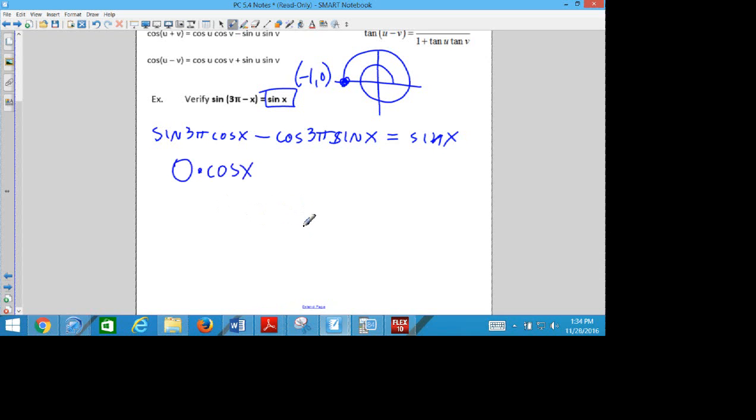Cosine x, I cannot do because I don't know what x is. Minus. Now I do the cosine at 3 pi, so same place. What's the cosine there? Negative 1 times sine of x. So I've got 0 plus sine of x. So sine of x.